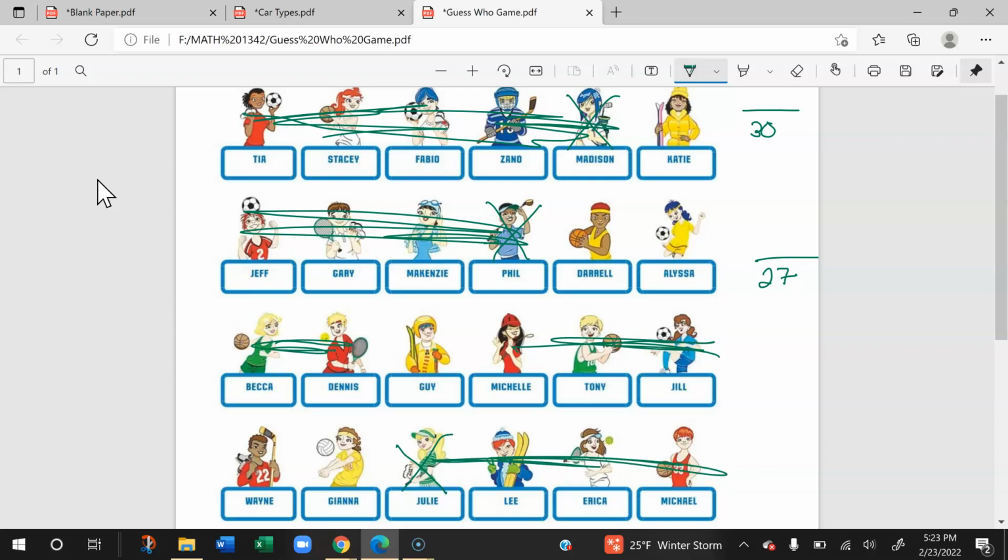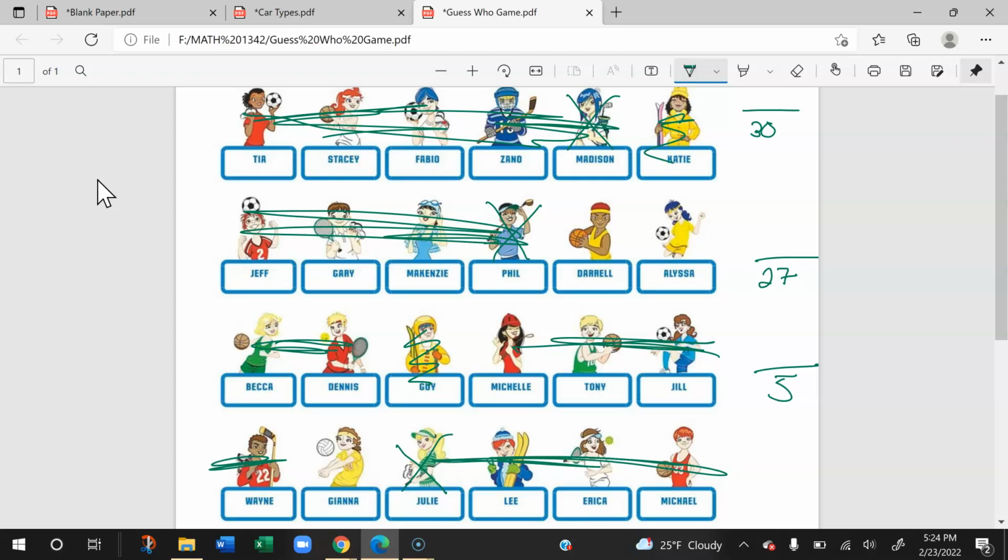Now notice I have 1, 2, 3, 4, 5 to select from. I know that they're wearing yellow, so now I only have 5 to select from. And then I can go from there. Does this person ski? No. Okay, so I can eliminate Katie and Guy.